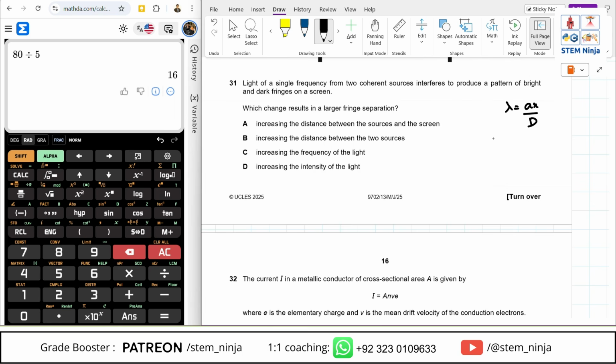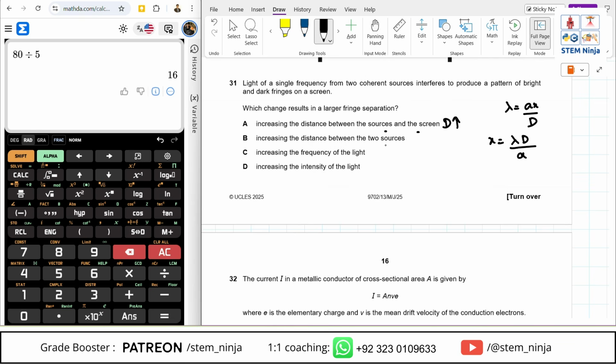Fringe separation is x, so that would be lambda d over a. Lambda is wavelength, d is the slit to screen distance, and a is the slit width. Increasing the distance between the sources and the screen, that is D. So yes, that would be correct.